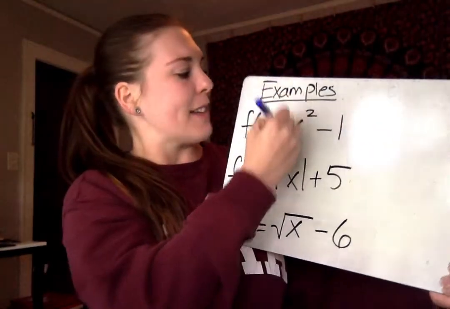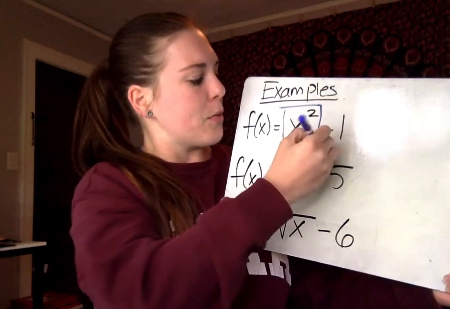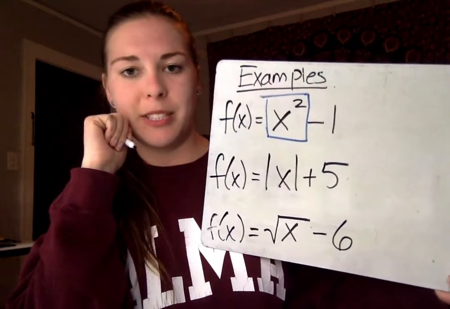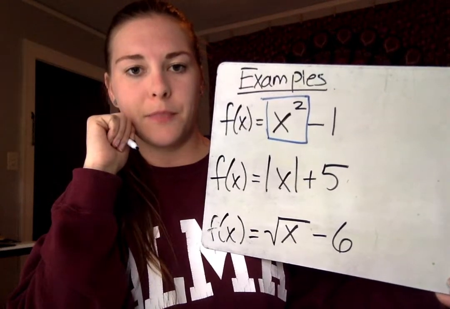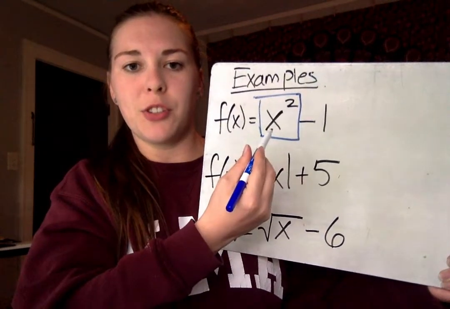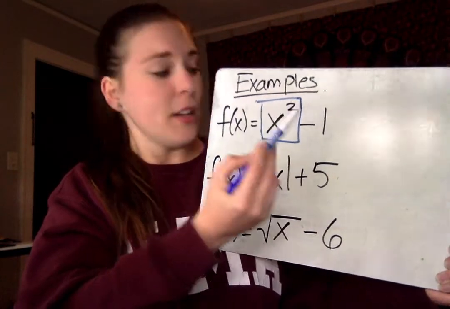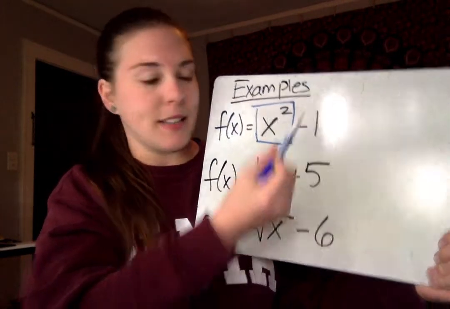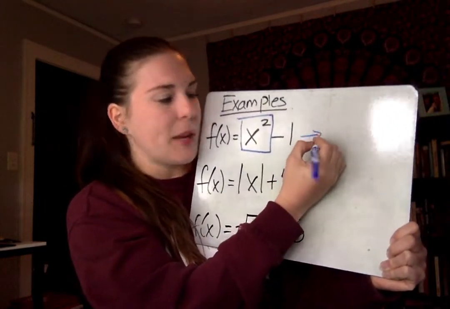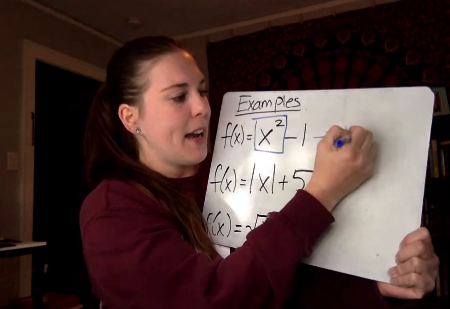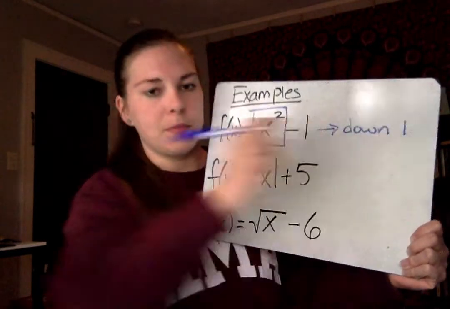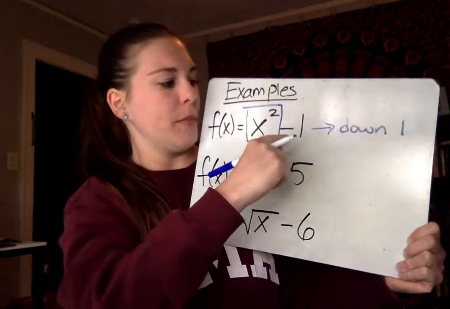We can see that x squared, that was one of those original function families that we talked about. That was a quadratic. So the way that I've changed this from just x squared, I now have a minus 1 at the end. This means, according to my rule, that I went down 1. I just minused 1.